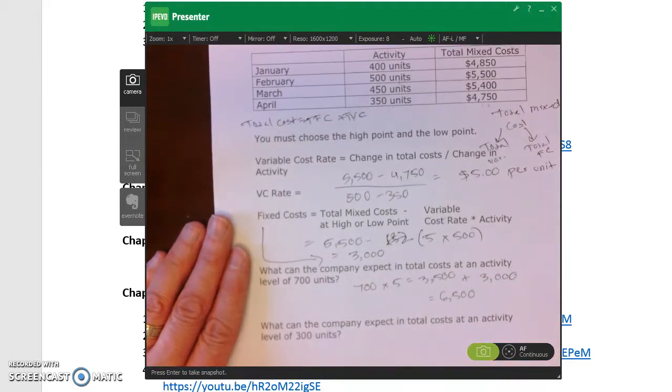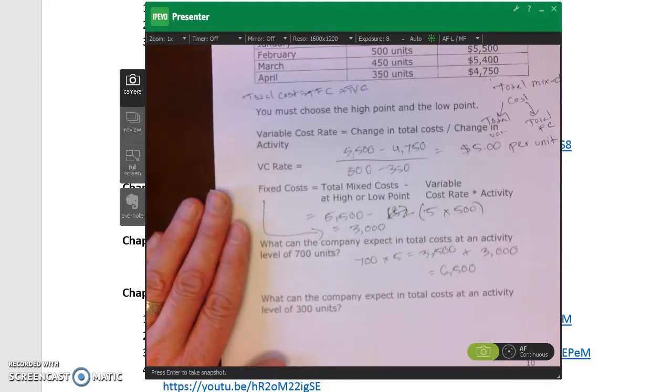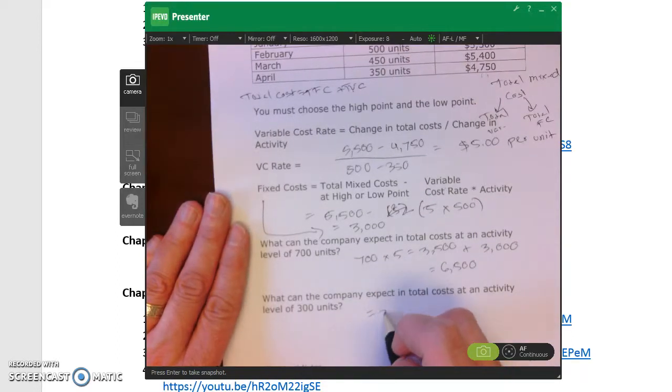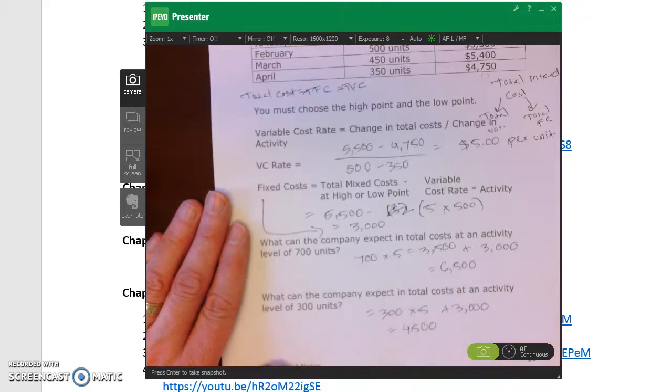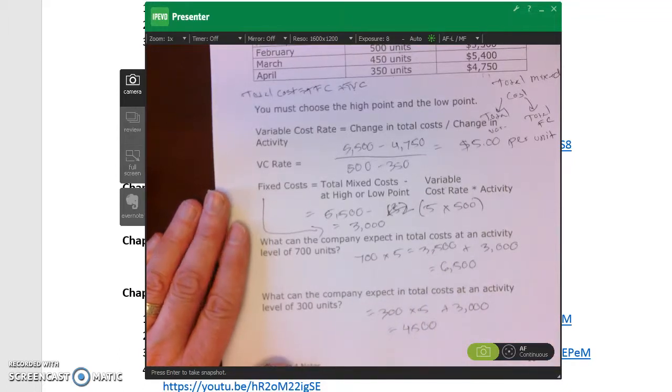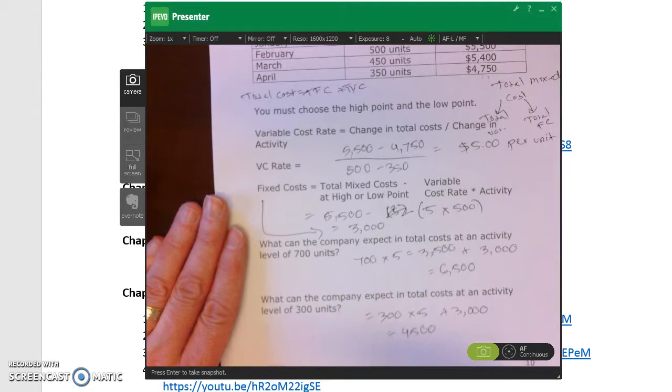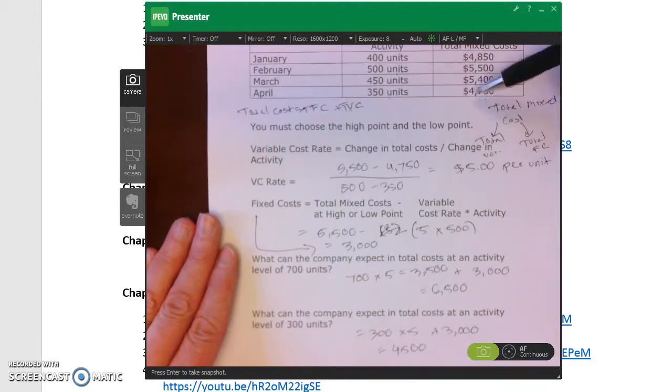That would be my total cost at 700 units. And I can do the same thing over here for my 300 units. I can say my 300 times my 5 plus my 3,000, which when you do the math, you get $4,500. Okay? Now the problem with the high-low is that you're only choosing 2 data points.